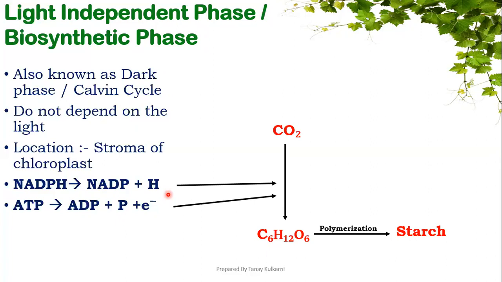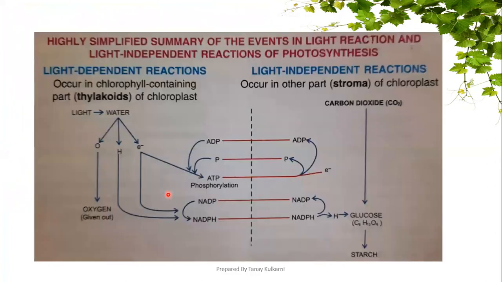Correct? Now, this is the summary of these two phases, light dependent and light independent. As you can see, in the thylakoids, photolysis of water takes place due to activation of chlorophyll, producing oxygen, hydrogen and electron, right? This oxygen will be given out.